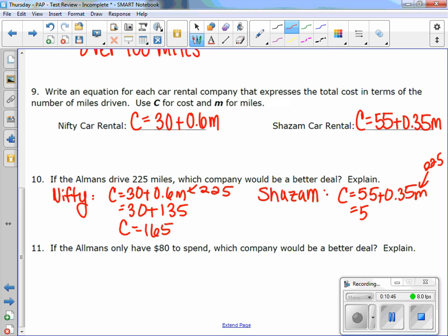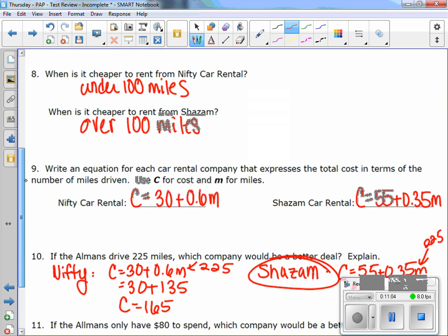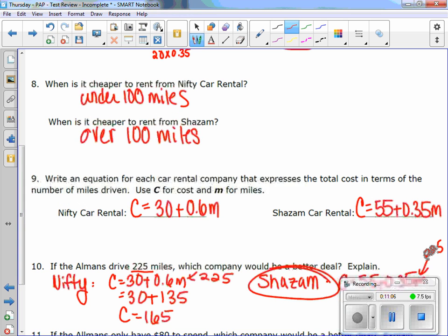So you should get 55 plus 78.75, which overall gives you 133.75. So which one's cheaper? Shazam. And when you look at that, that should make sense because we said which company is cheaper over 100 miles? Well, 225 is certainly over 100, and we said over 100 miles, Shazam is cheaper.